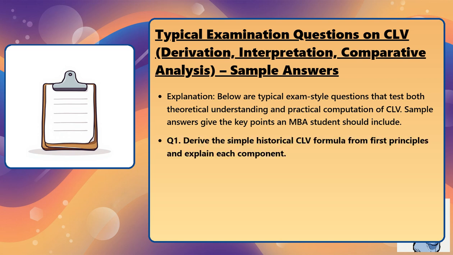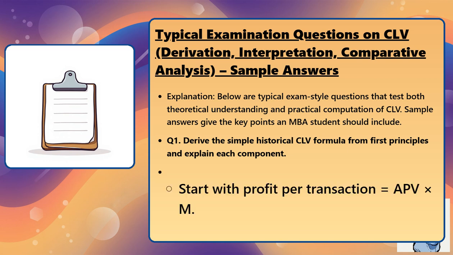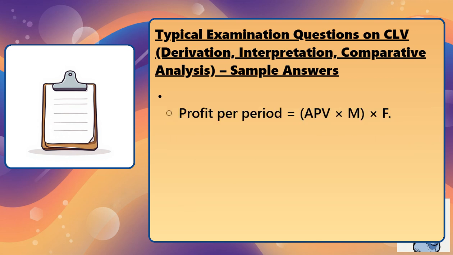Question 1. Derive the simple historical customer lifetime value formula from first principles and explain each component. Start with profit per transaction equals average purchase value times margin. Profit per period equals average purchase value times margin times frequency.